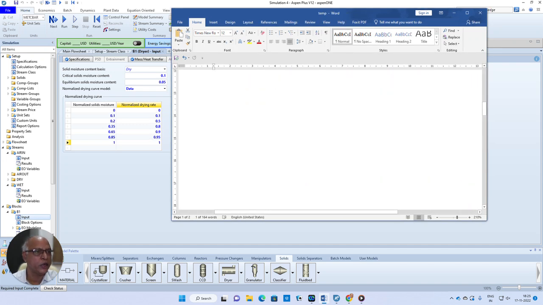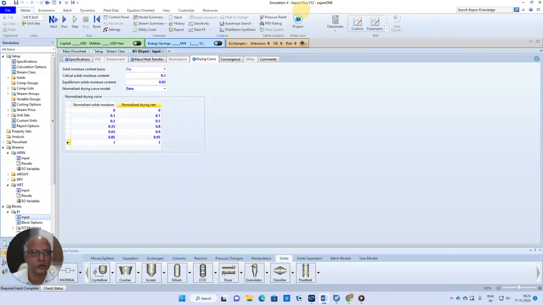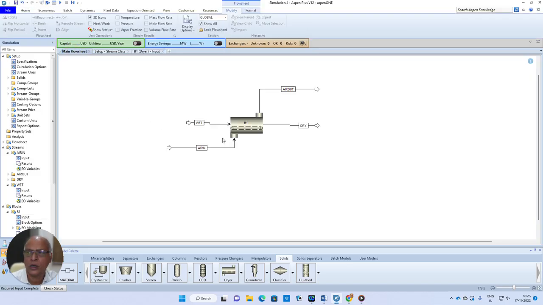In the same way, we need to provide now the particle size distribution. So this will be available in the wet solid.